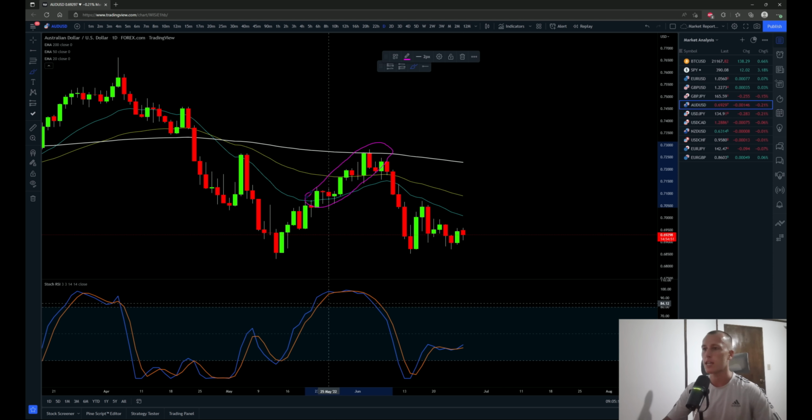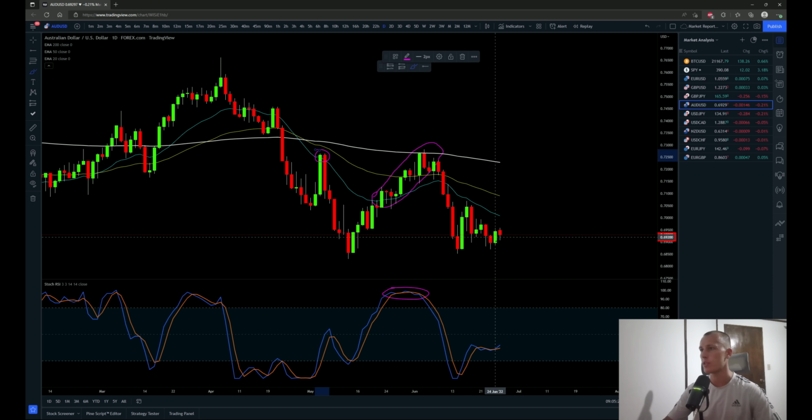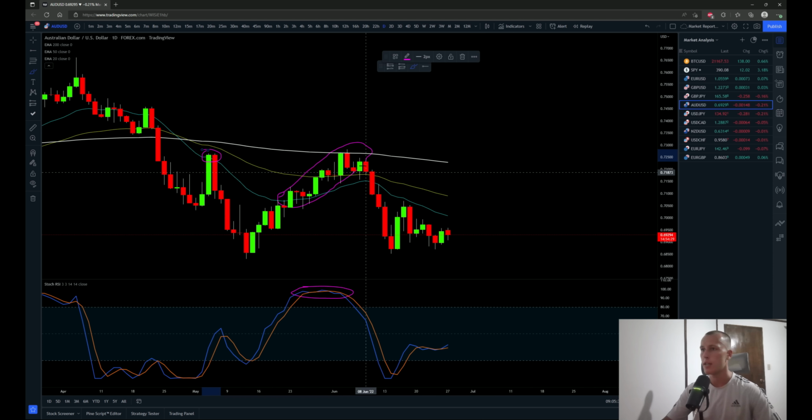Once we saw this stochastic RSI come all the way up into the overbought territory, and then also price pulled back into the area of value between the 20, the 50 EMA, coming all the way up and rejecting off of the 200 on the daily here. We saw another one back here, but ultimately still looking for this to head to the downside. It's just the entry time has kind of passed here, so we're going to have to wait for another setup.